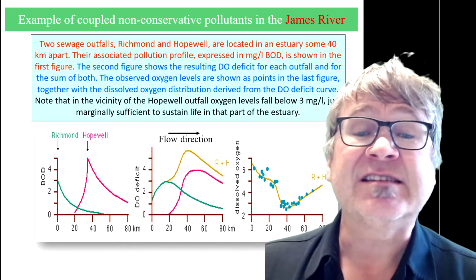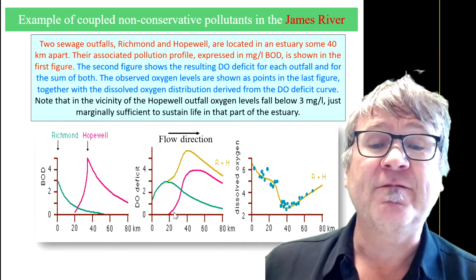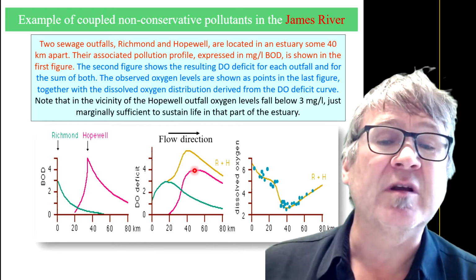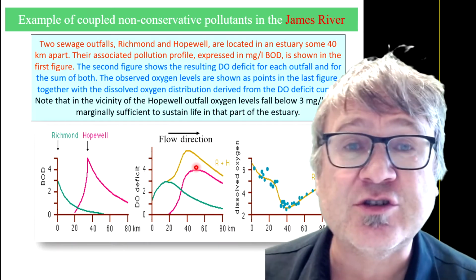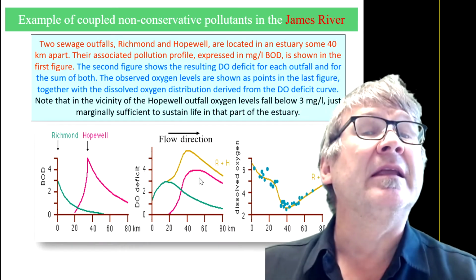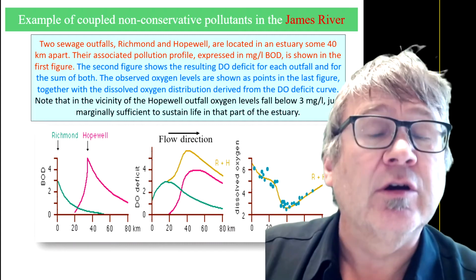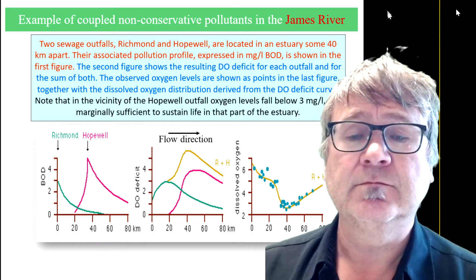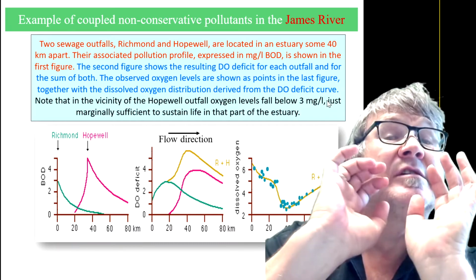Similarly, for the Hopewell discharge, you get a maximum which is located further downstream. And downstream, I mean in the direction of the mean flow towards the ocean. So now comes the key message.